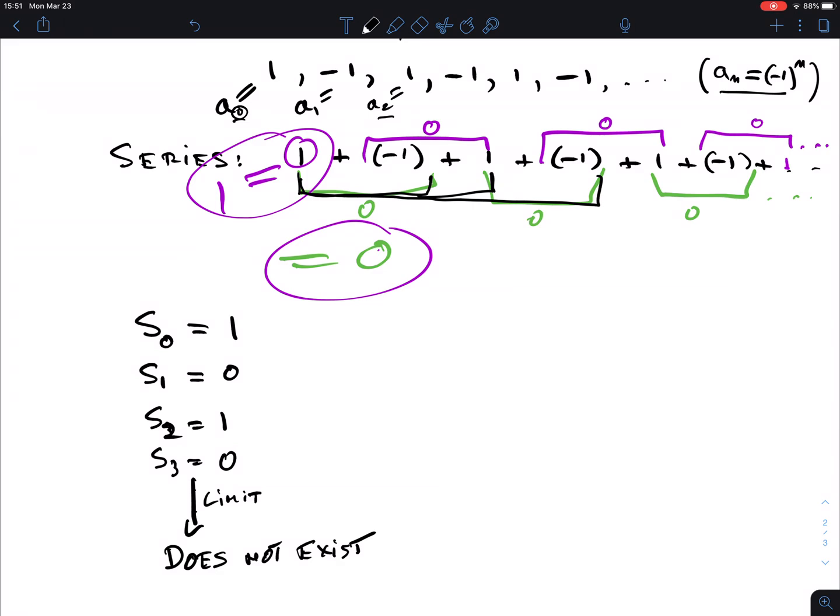But I'm not, because if I have an even index, you see my partial sums are 1, that's far away from 0. So this is an example where the limit does not even exist, and therefore we will say that this is again a divergent series. And that explains the reason why we get two different answers if we try to just guess what the answer is.